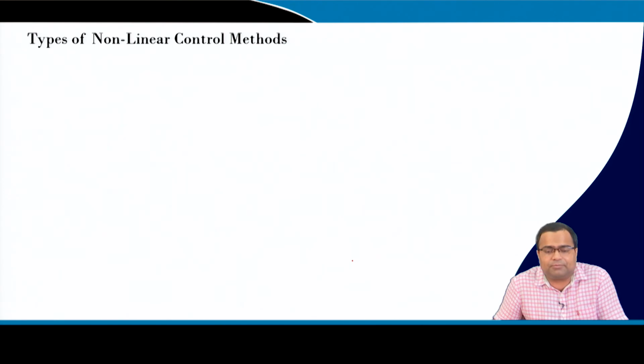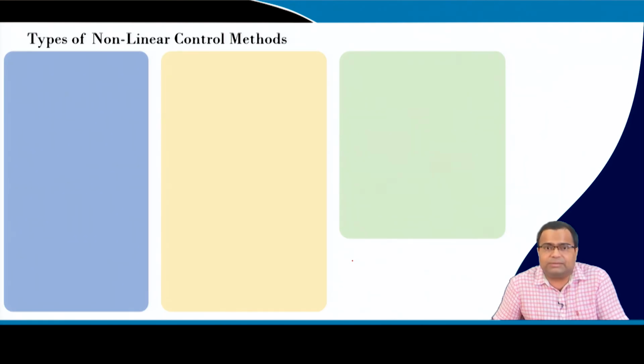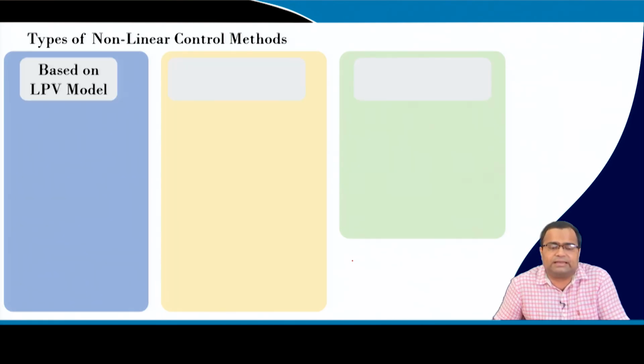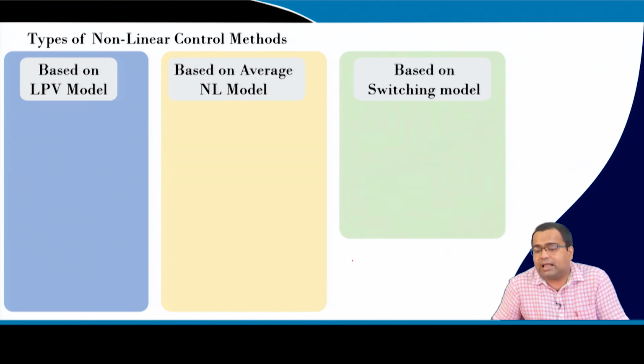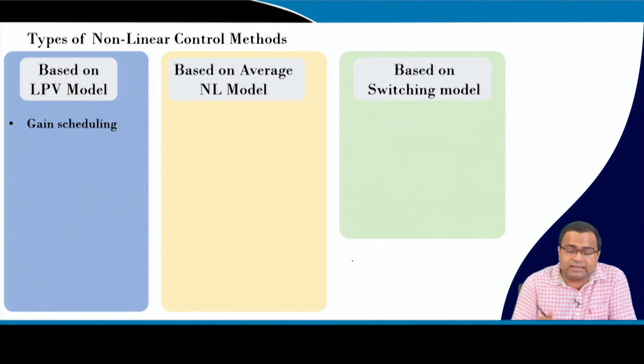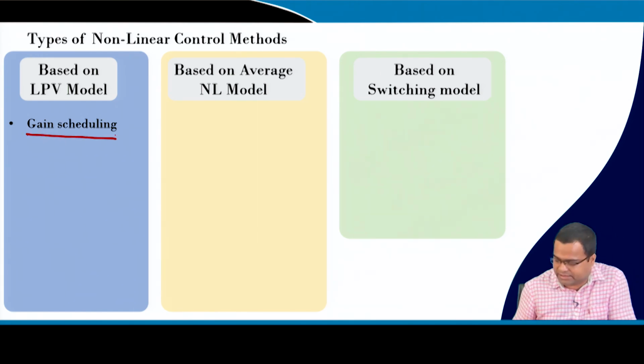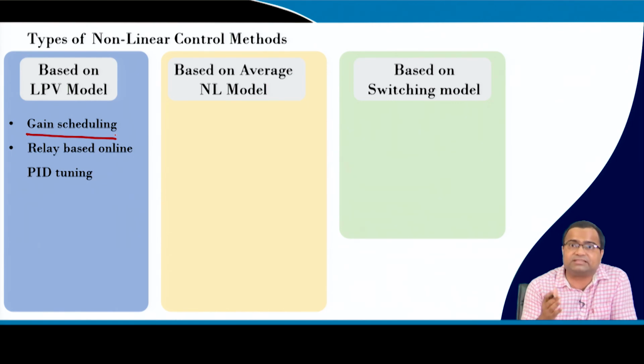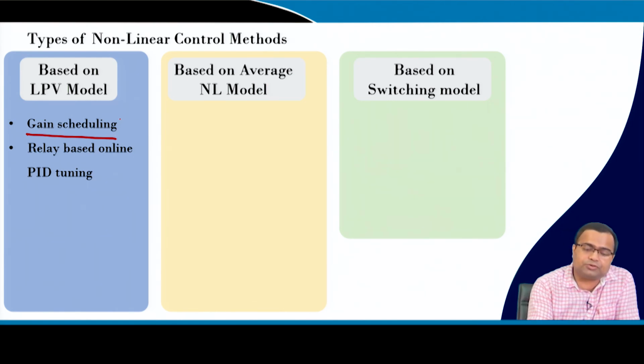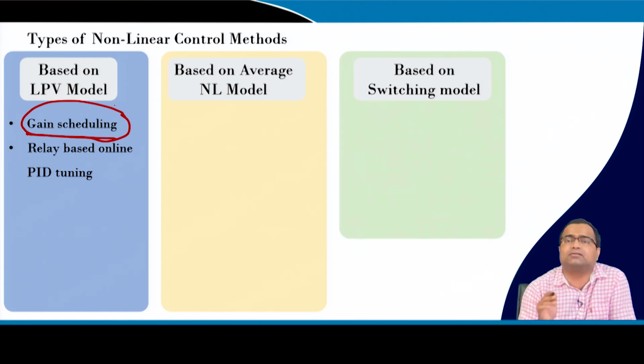So, the types of nonlinear model control depend on the model. First, for the linear parameter varying model, then the average nonlinear model and the switching model. Gain scheduling is a very popular technique. In fact, we have discussed PID controller tuning using relay-based tuning, Ziegler-Nichols. Gain scheduling means we have talked about analytical controller design, right.